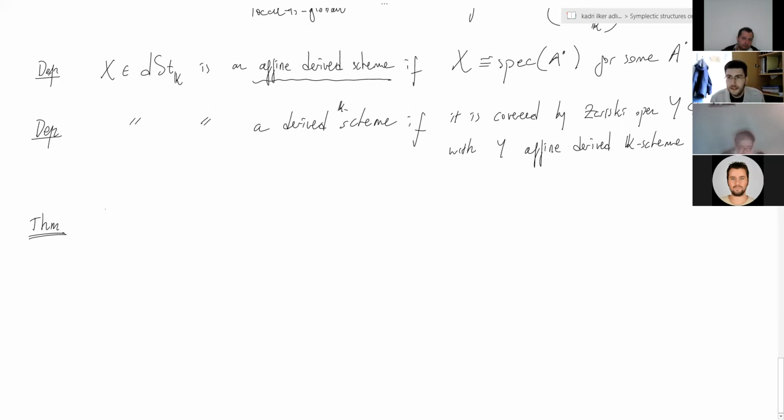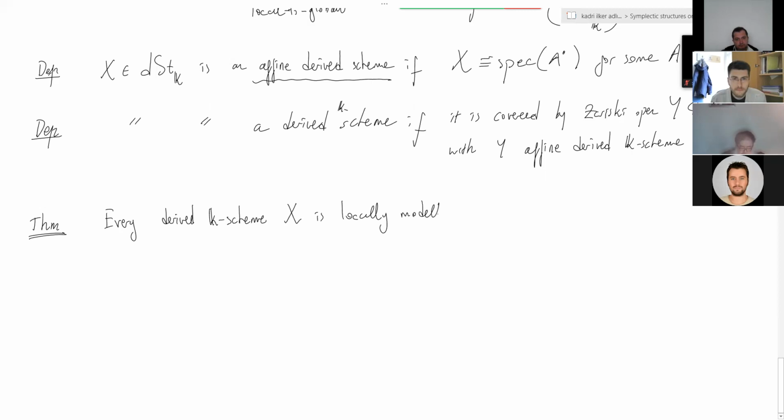What does it mean? Every derived K scheme X is locally modeled on spec A dot. Nothing new, this is the definition. For any point, you can find an affine neighborhood.